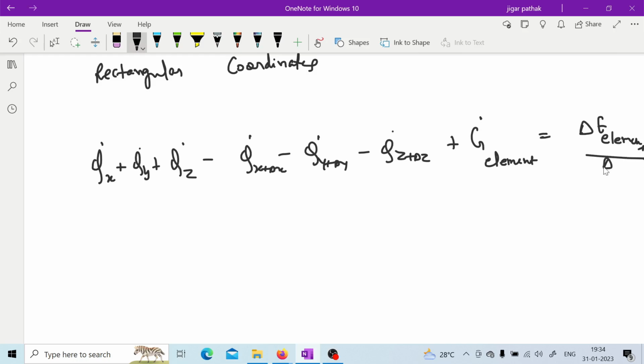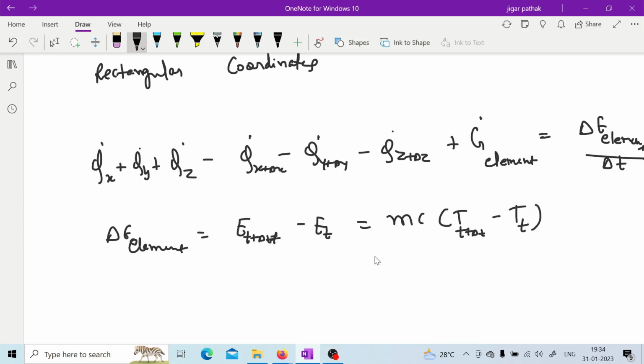So again here you can write this delta E of the element is equal to E at t plus delta t minus E at t, which will be given by mc into T at t plus delta t minus T at t. Now here your m will be rho into volume, and volume here is delta x delta y delta z, so m is rho delta x delta y delta z.